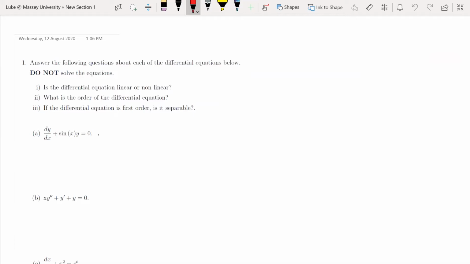Okay, so A here, you can see that this is a first order equation because the only derivative in this case is dy by dx. x is the independent variable, y is the dependent variable, and the only nonlinear term here is in the independent variable, so in fact this is a linear equation. And is it separable?